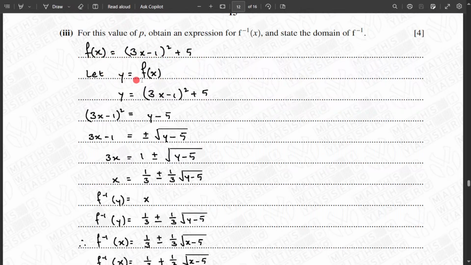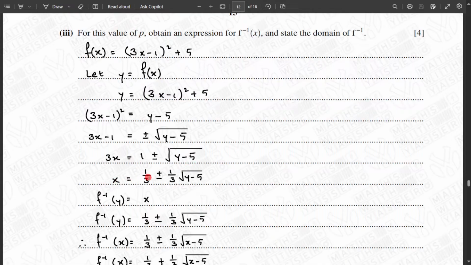So let's consider y to be f of x. So y is (3x minus 1) whole squared plus 5. Let's make x the subject of this equation. First we make (3x minus 1) whole squared the subject, equals y minus 5. So 3x minus 1 equals plus or minus the square root of y minus 5. So 3x equals 1 plus or minus the square root of y minus 5.